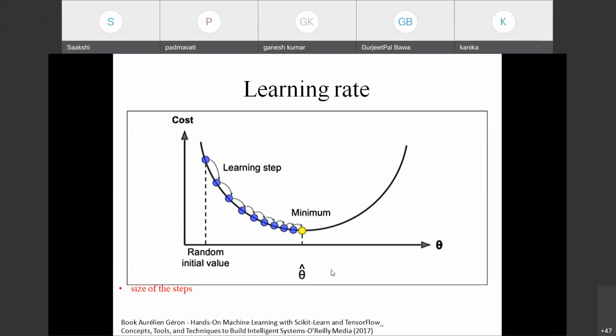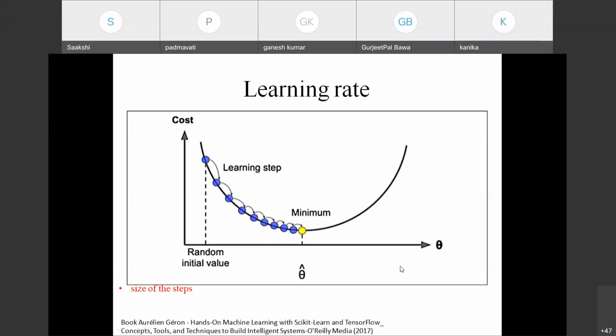Now this theta, assume it as W. This theta can be n number of parameters, but just for illustration, assume theta is just one parameter, that is W1. I'm trying to draw a graph of the cost value that I get versus some parameter value that I initialize.